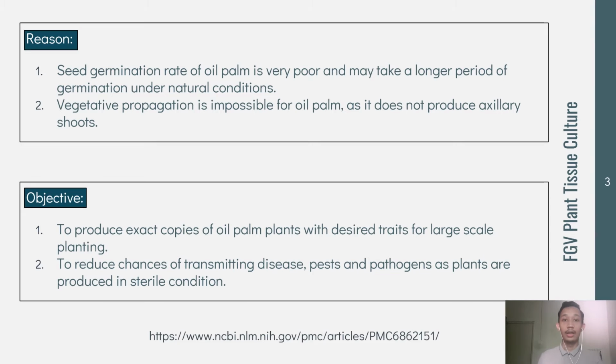Reason number 2, vegetative propagation is impossible for oil palm as it does not produce auxiliary shoots. So, plant tissue culture is applied to produce exact copies of oil palm plants with desired traits for large-scale planting and to reduce chances of transmitting disease, pests, and pathogens as plants are produced in sterile conditions.